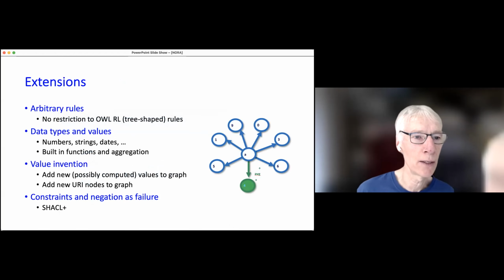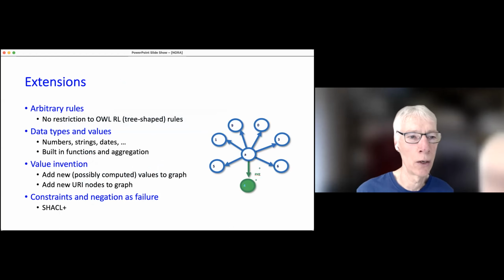I mean, for one thing, we actually had to extend the representation language quite a bit. And because I'm a bit short of time, I won't go into the details. But for example, in realistic applications, there's a lot more focus on data types like numbers, strings, dates, and so on.